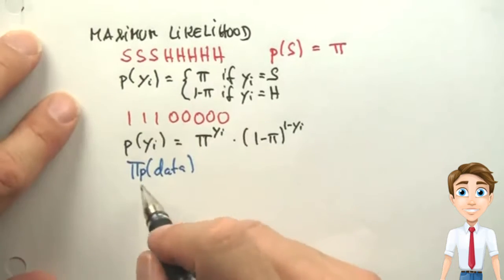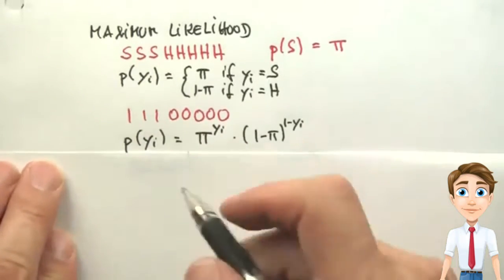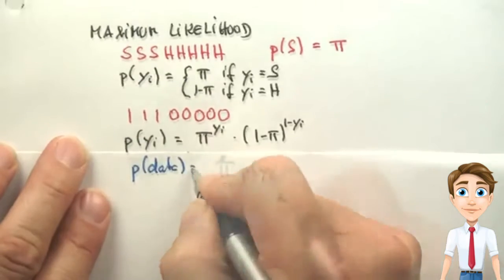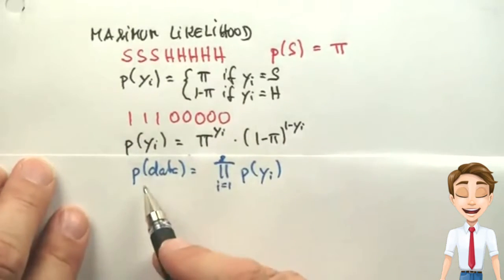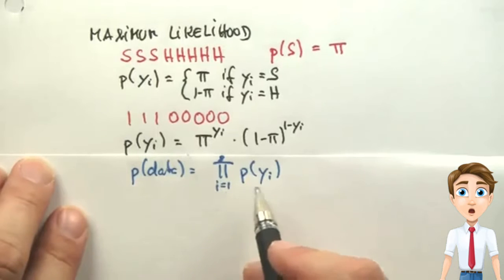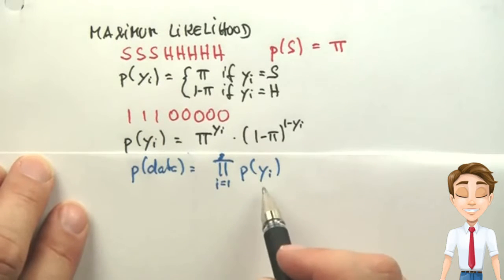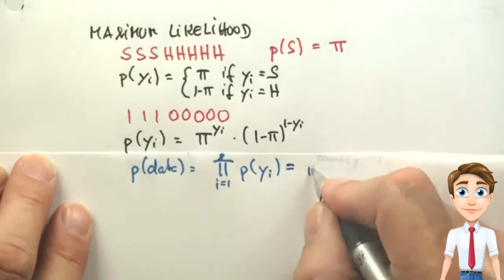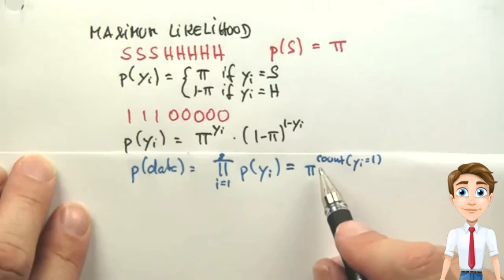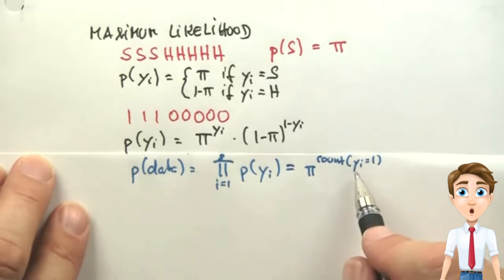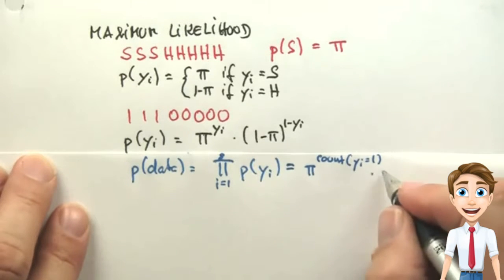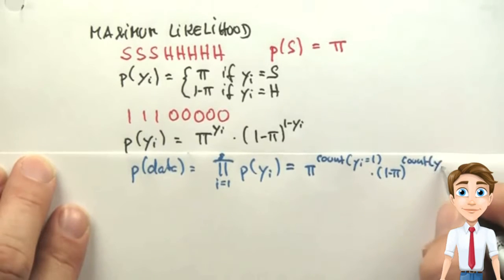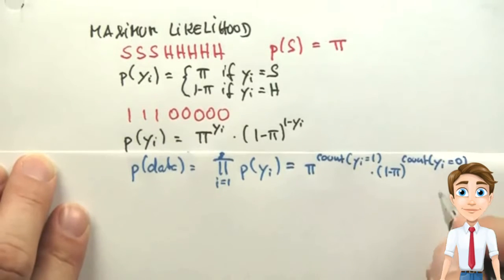Now assuming independence, we get for the entire data set that the joint probability of all 8 data items is the product of the individual data items over here, which can now be written as follows: pi to the count of instances where yi equals 1 times 1 minus pi to the count of the instances where yi equals 0.